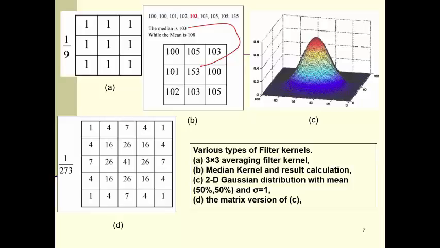Since there are 9 values, I will take the 5th value after sorting. For example, after sorting, it will be 100, 100, 101, 102, 103. So the pixel at the center will be replaced by the median value of these 9 pixels.